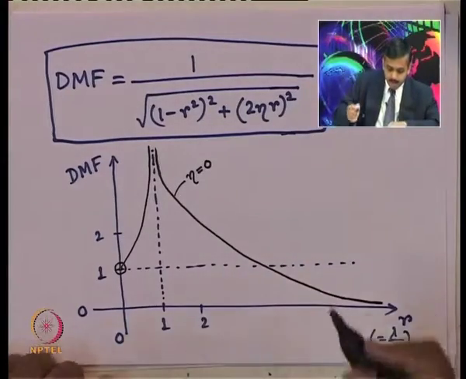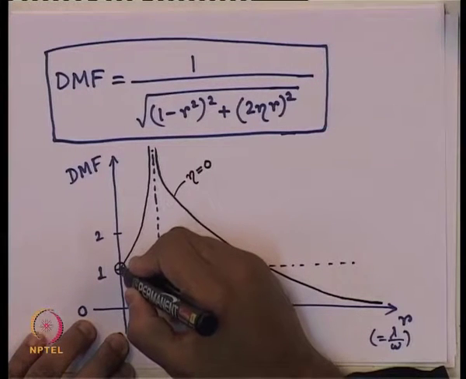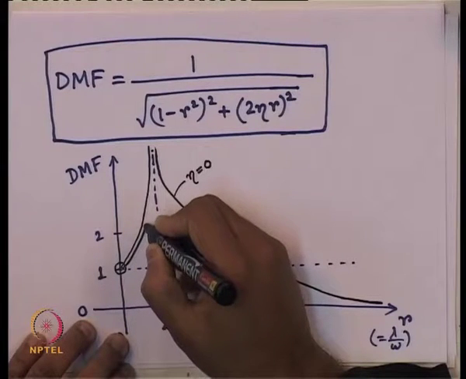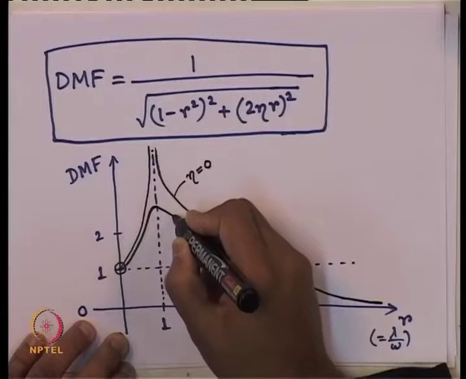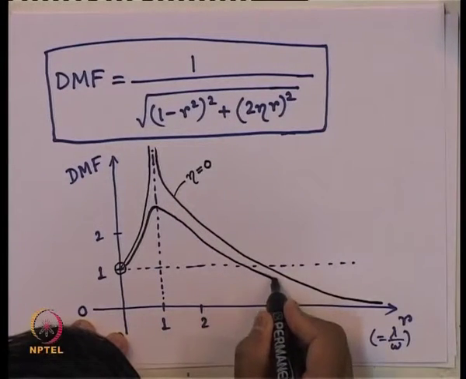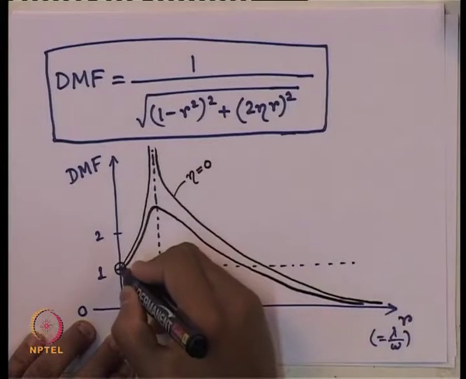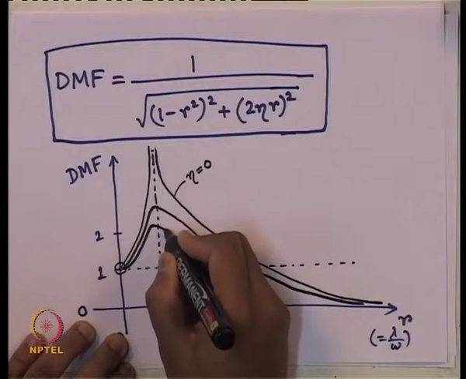So, the type of graph which we should get is something like this. Let me draw it first. So, it will approach 0 here. Then let me draw another graph with this.